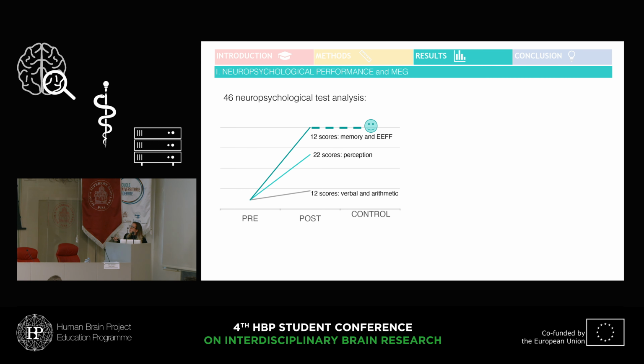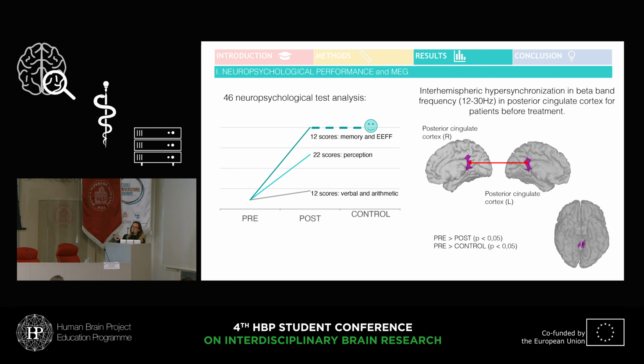Then 22 scores related with perception improve, but not as well as healthy controls. And 12 scores more related with verbal and arithmetic didn't improve, or not significantly.